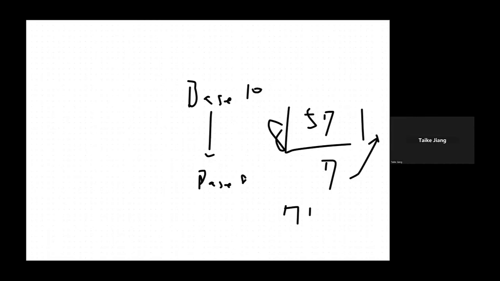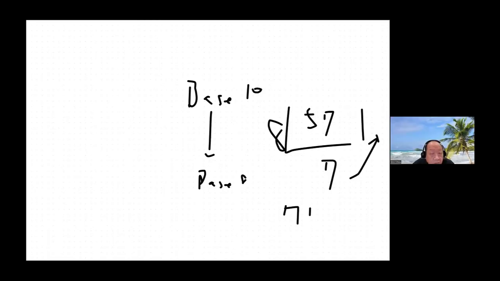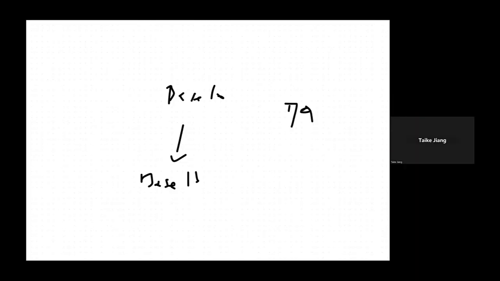Now, next one, if you have base 10 converted to base 16, this time let's try 79. What will you get? Can you do the same thing with 16? Tell me the value.